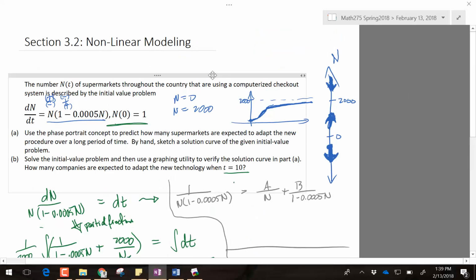So in this nonlinear modeling, we're looking at these other types of differential equations that are not linear, and we're trying to model. Yeah, so this is a partial fractions kind of a deal. All right, let's do another example.